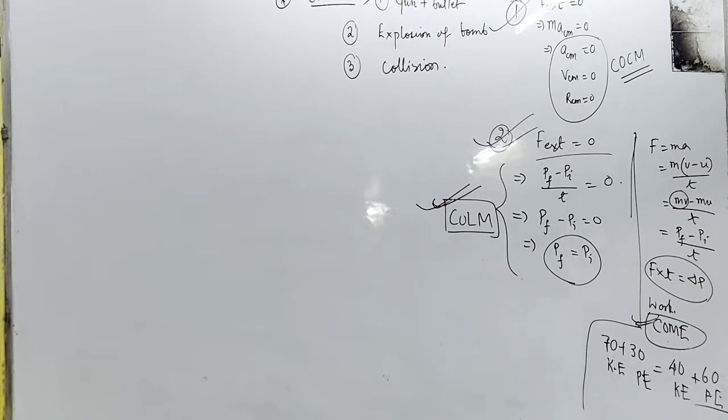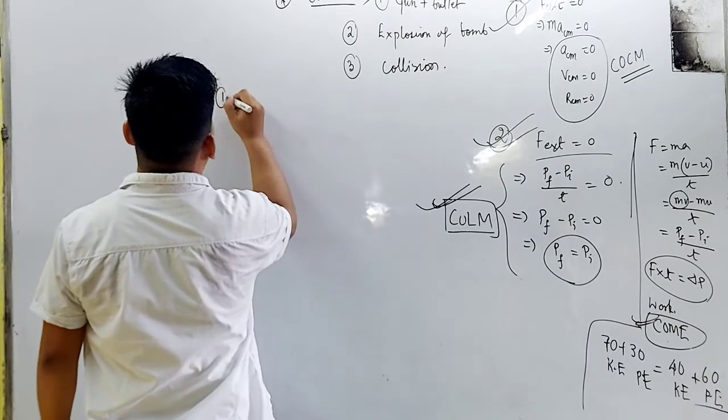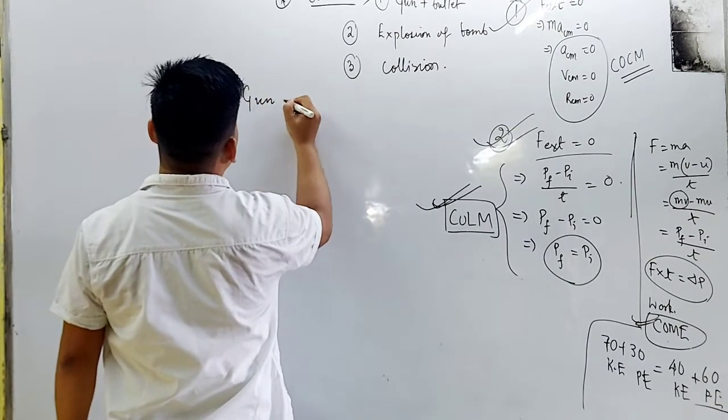Let us do one by one. First, gun and bullet. Number 1, gun and bullet.